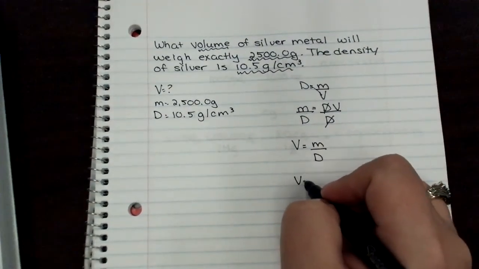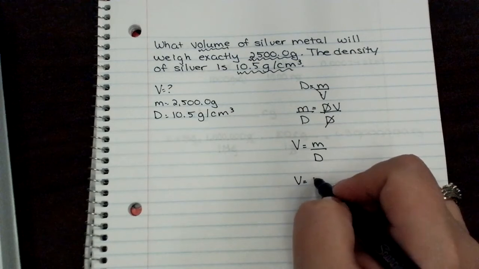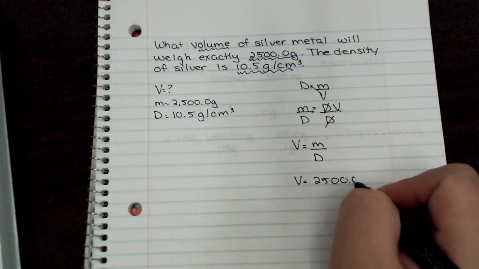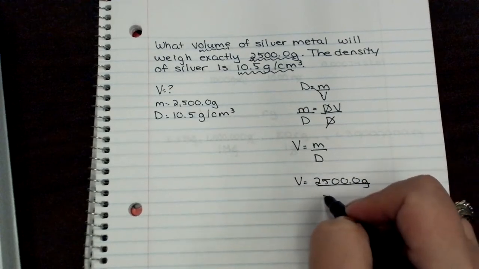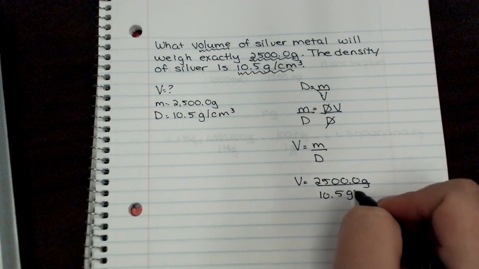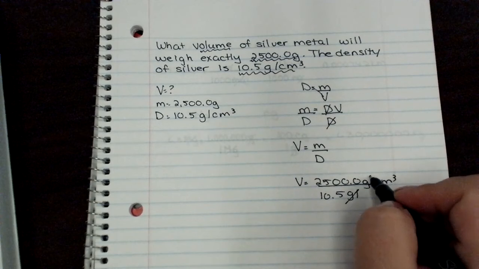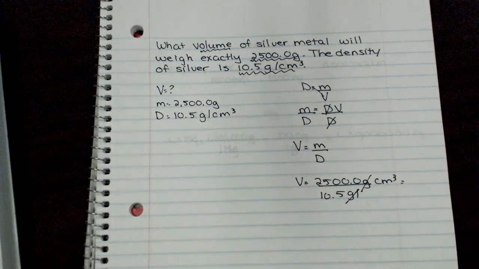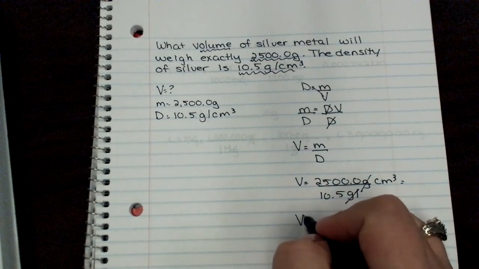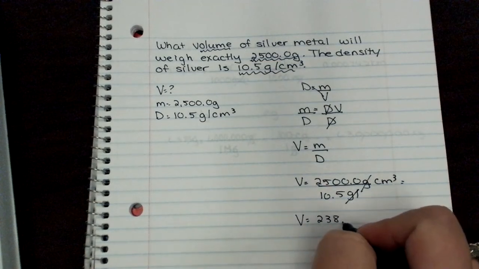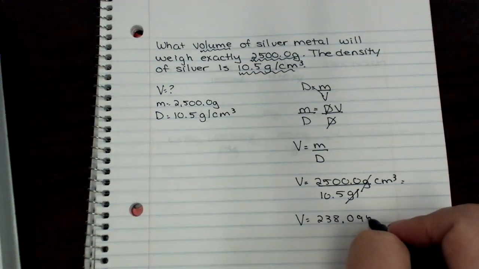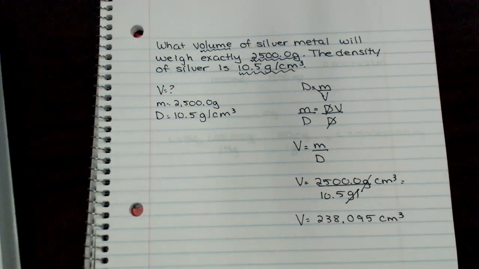So now I can just plug in and say volume equals 2,500.0 grams divided by 10.5 grams per centimeter cubed. So grams cancel out, and I'm left with 2,500.0 divided by 10.5. And so your volume is 238.095 centimeters cubed.